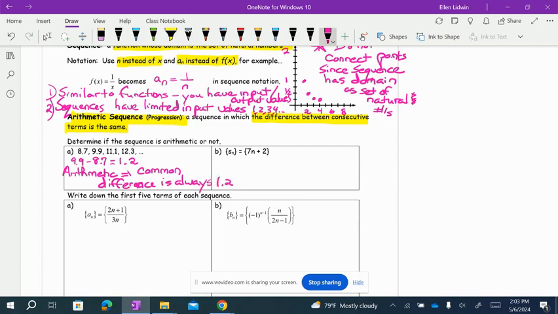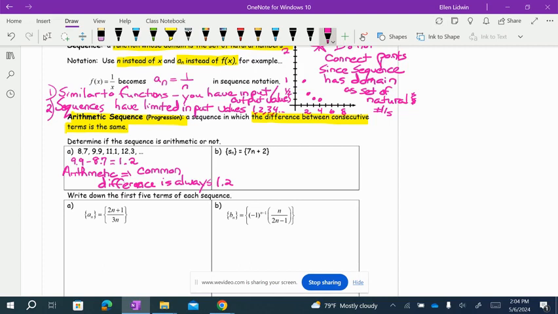The next one has these squiggly brackets around S sub n. You might remember that in Algebra 2, S sub n stood for a series. A series is made up of sequences. But in this case, we are looking at this set of values where our notation is S sub n, and the rule says it's 7n plus 2.